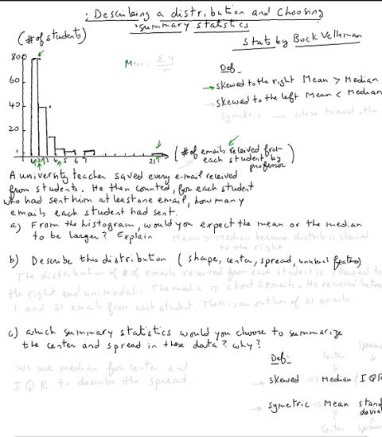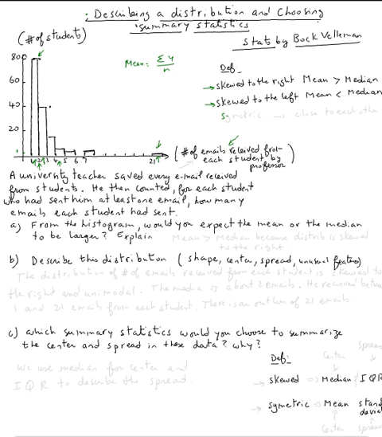Remember, the mean is equal to the sum of all those emails received divided by n, the number of counts. So by definition, when it's skewed to the right, the mean is bigger. When it's skewed to the left, the mean is smaller.